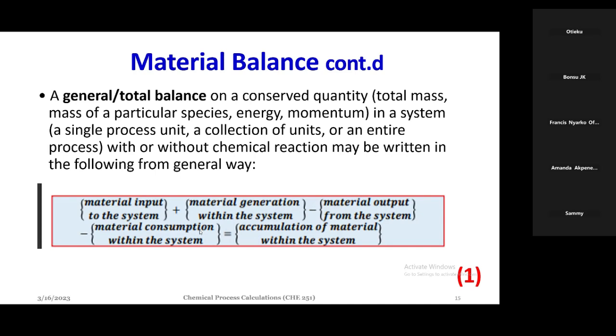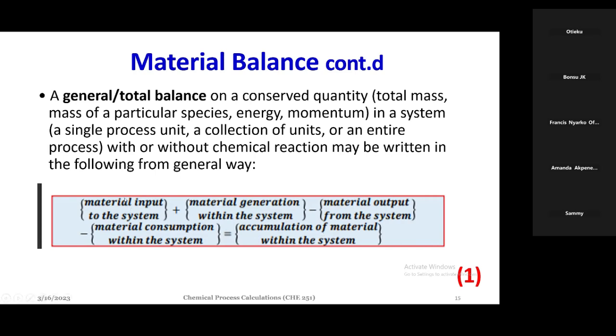So the general mass balance equation is material input plus material generated within the system, minus material output from the system, minus material consumption within the system, equals the accumulation, which is how much has been accumulated within the system.